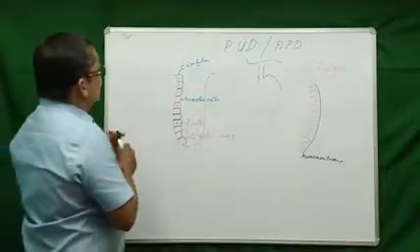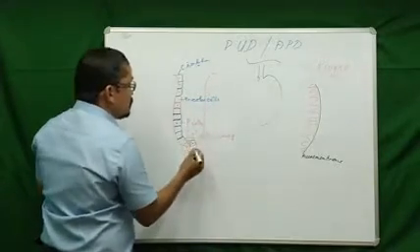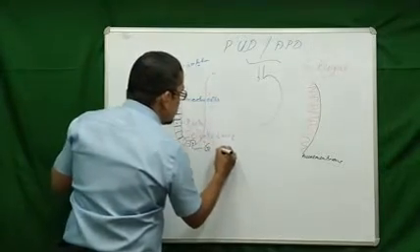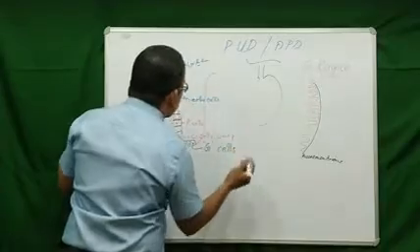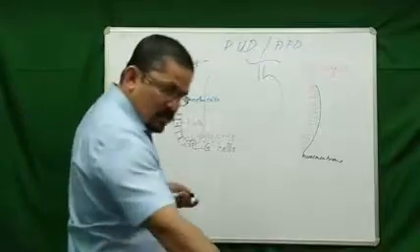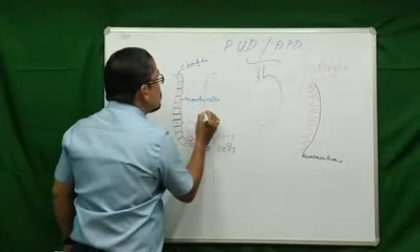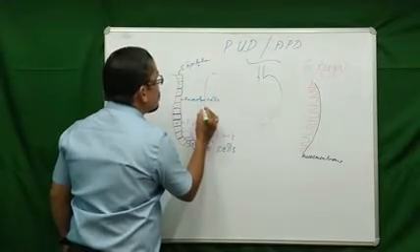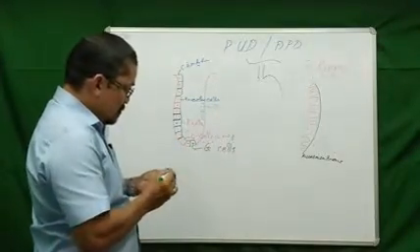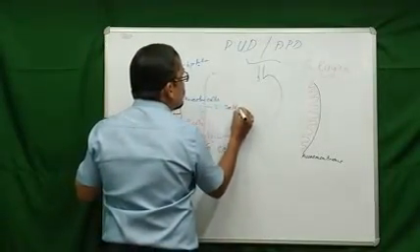Again, some specialized cells can be seen. These cells are known as G cells. Then another set of specialized cells can also be seen. These cells are known as D cells or delta cells.